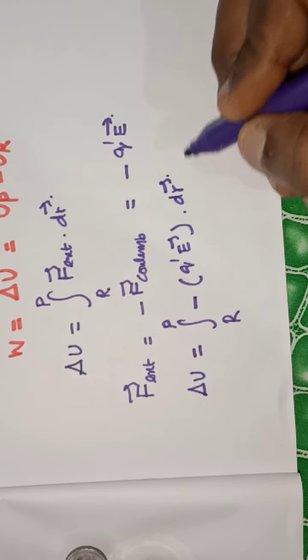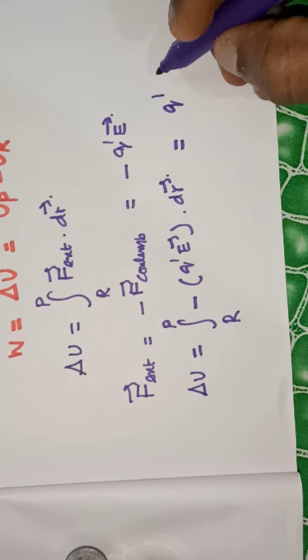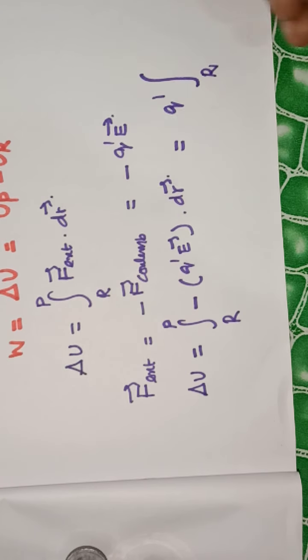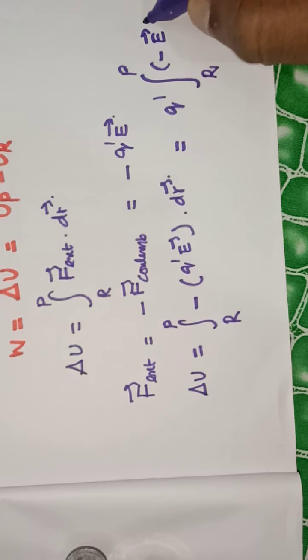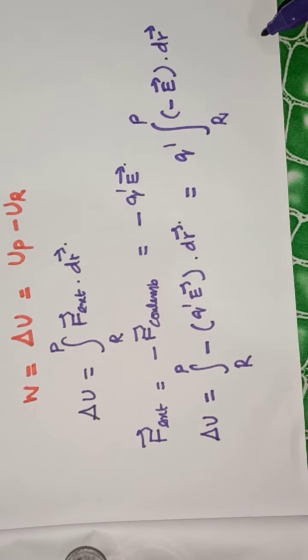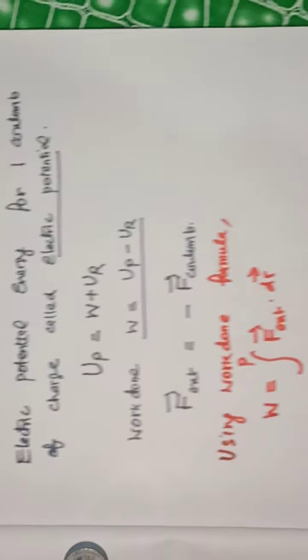Taking q dash outside, therefore integral R to P minus E vector dot dr vector. Got it?